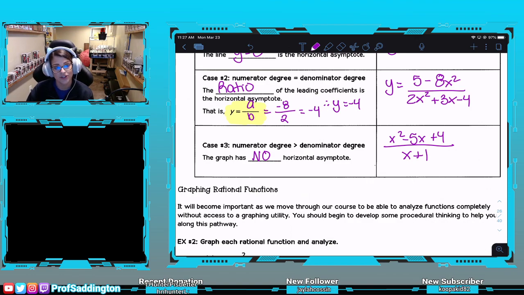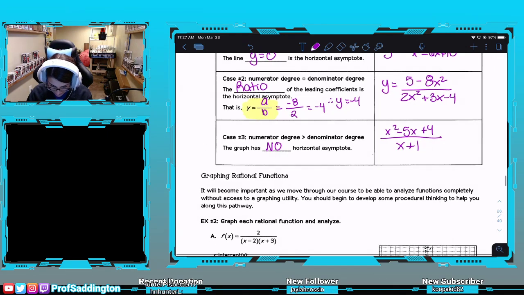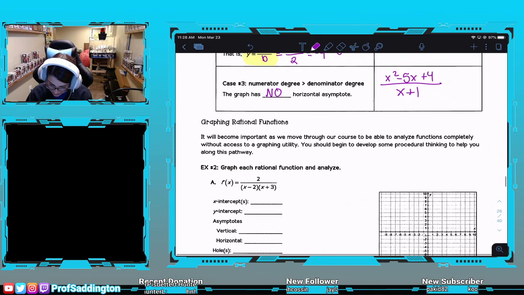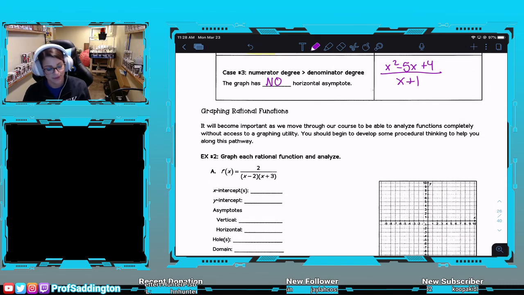The numerator degree is 2, the denominator degree is 1. That's it. Now, this isn't saying there isn't a spot where this is undefined. There might be a hole in the graph, but it doesn't mean there's going to be a specific horizontal asymptote. Okay, so those are your 3 cases, and we'll be referencing them in the next few examples.